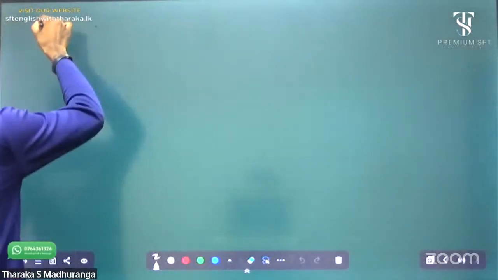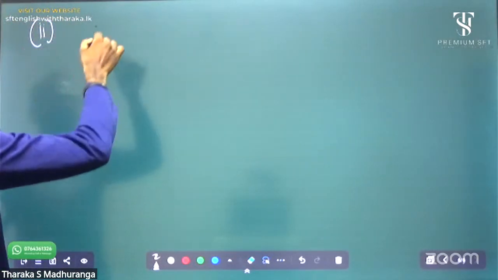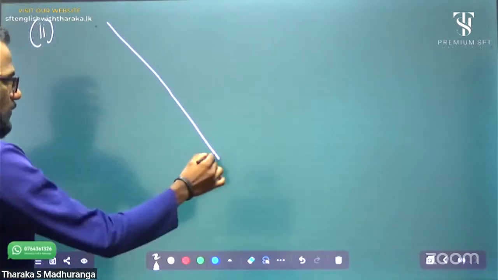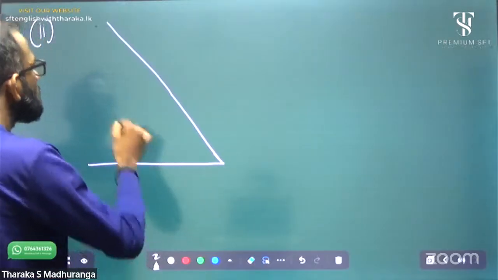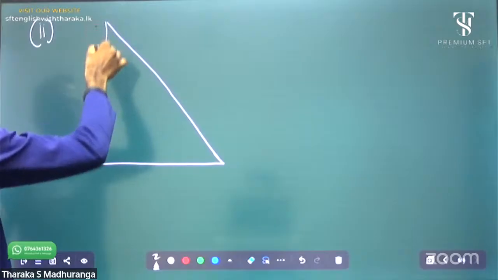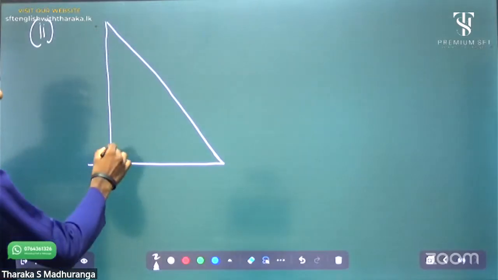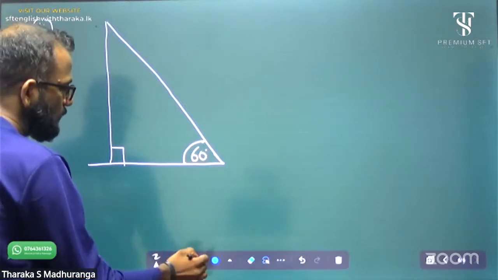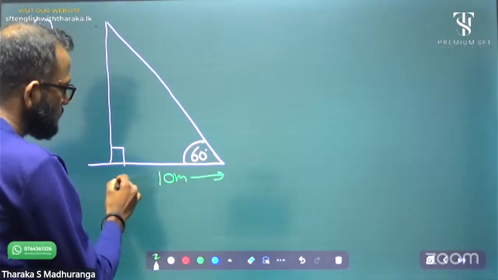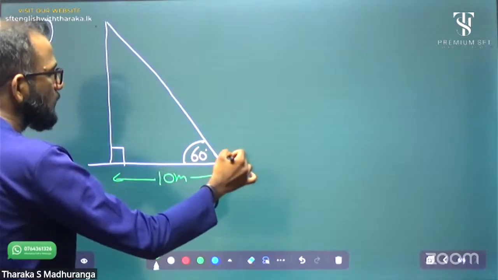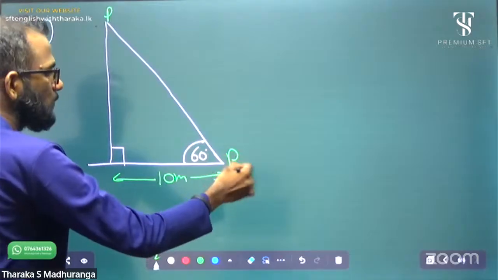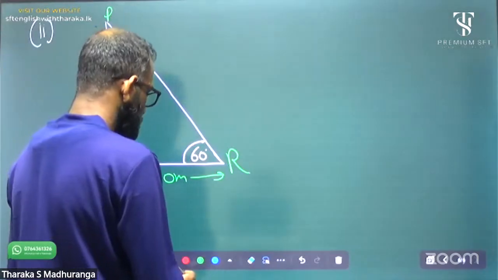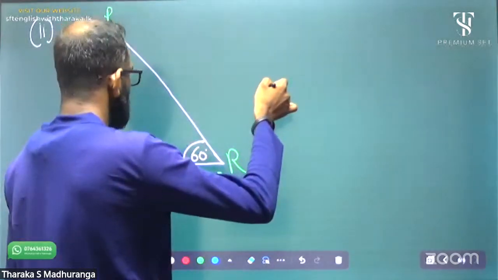Part 2. Okay, this is a crane, this is a base, and think it is a right angle triangle. This angle is 60 degrees, this length 10 meters. Then the question asks PR. You can use trigonometry, right? Trigonometric ratios. What is the best ratio?